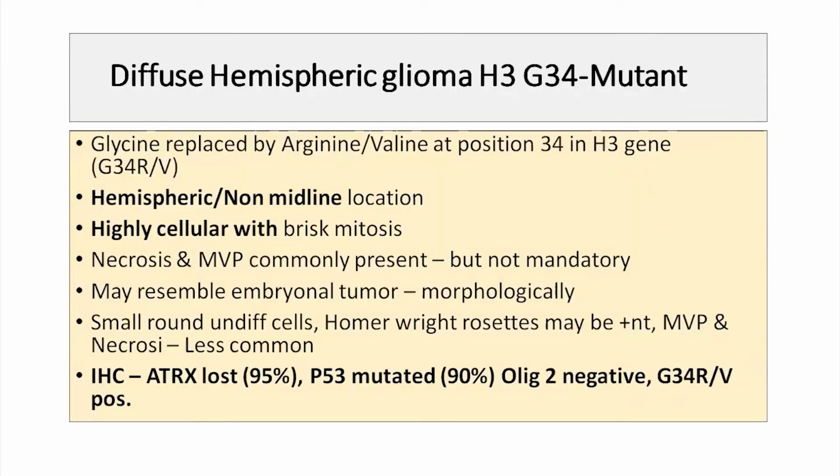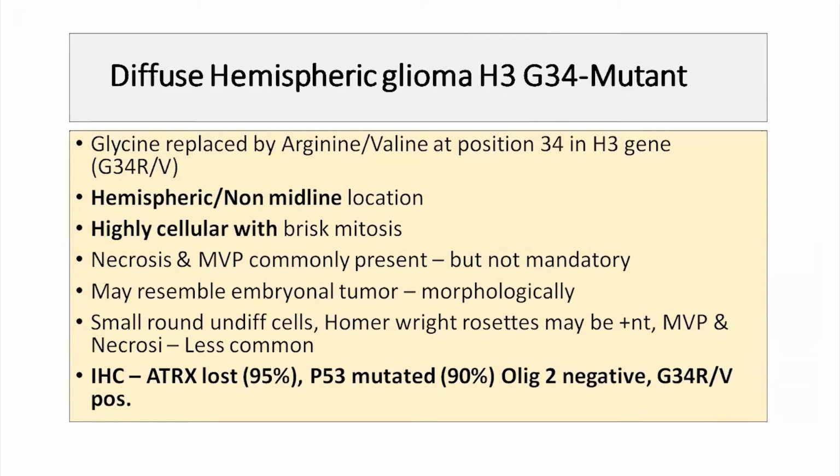So the next entity of pediatric high-grade glioma is diffuse hemispheric glioma H3.3 G34R or V. That means glycine is replaced by arginine or valine at position 34 in the H3 gene. So this is a hemispheric or non-midline location. It's highly cellular, showing brisk mitosis; necrosis and microvascular proliferation are commonly present, but they are not mandatory.